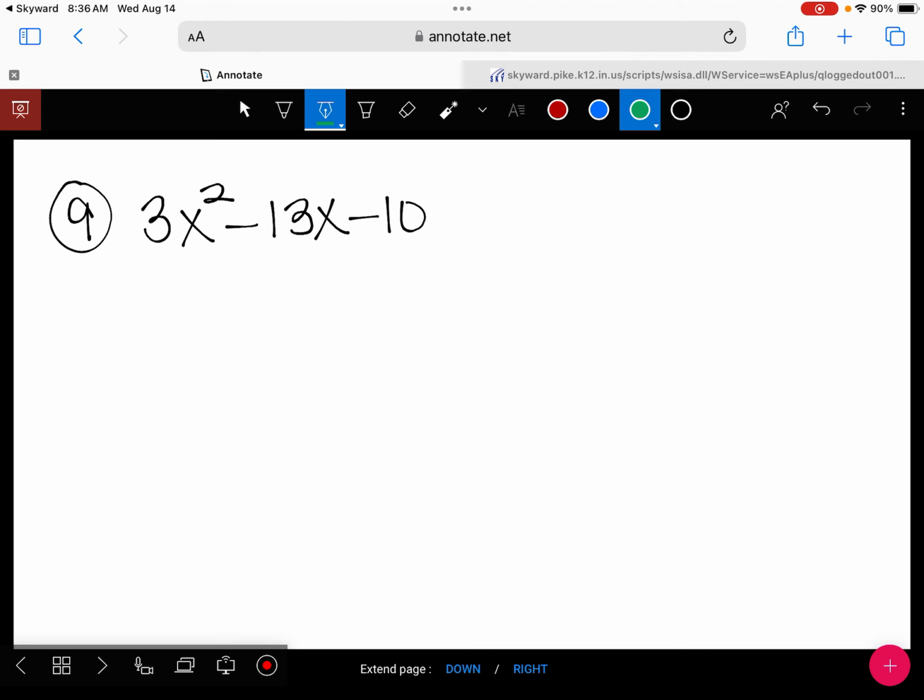So these two will multiply to be a positive 30. So those are not the right numbers. So I'll give you a hint, the numbers are not 10 and 3. Oh, okay. I'll be back around in a second. Numbers are not 10 and 3.